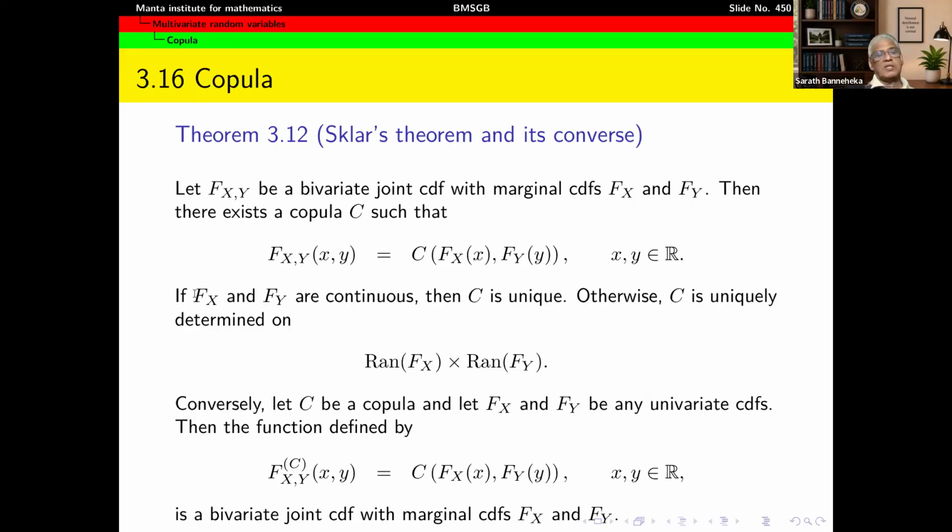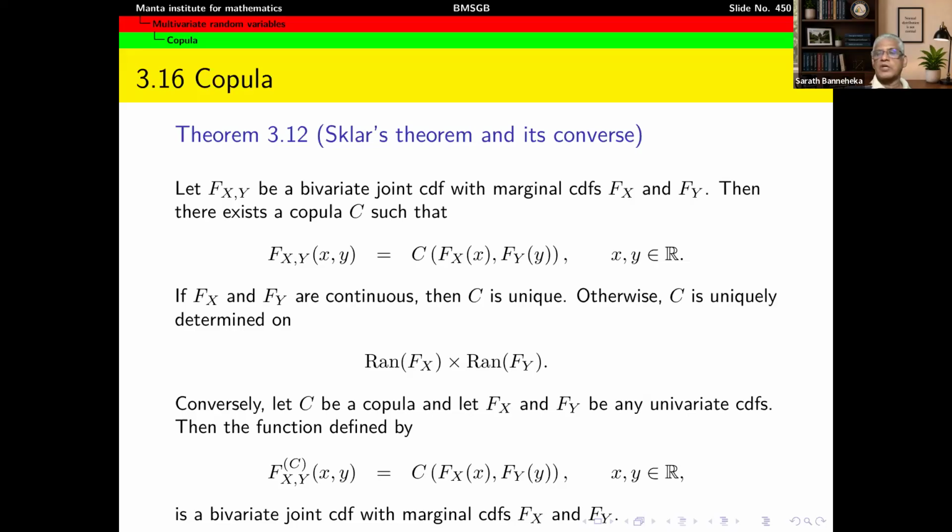And in particular, if Fx and Fy are continuous, this function C is unique. Otherwise, C is uniquely determined on the range of Fx times the range of Fy, the product of those two intervals. Right. So what we are considering in this video is only continuous cases.